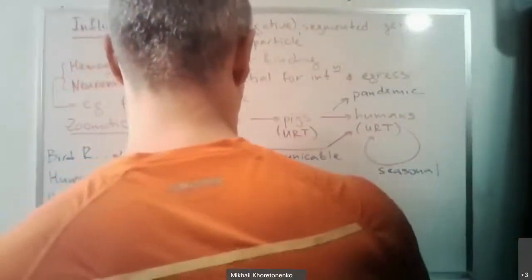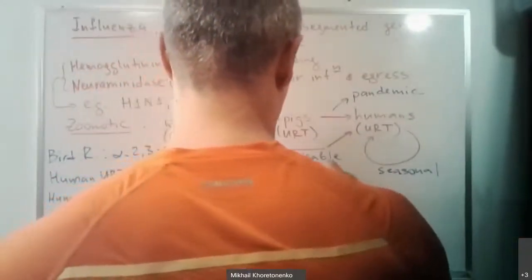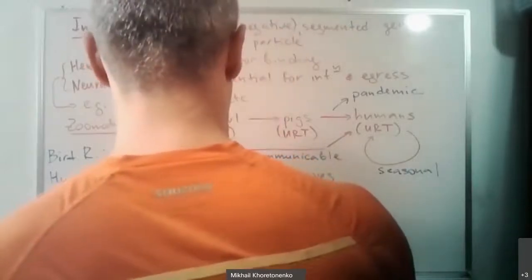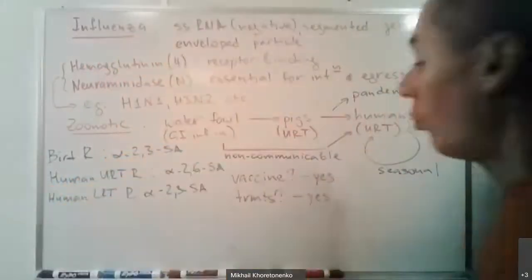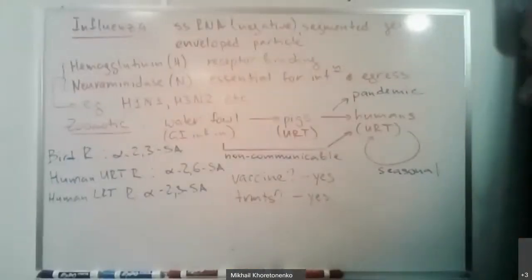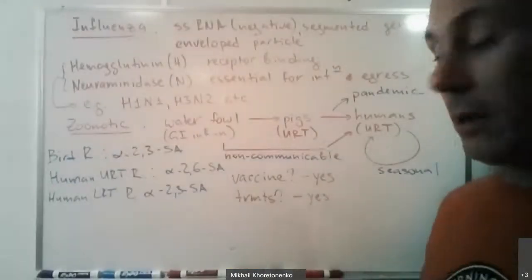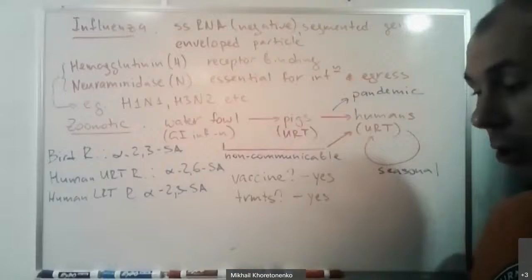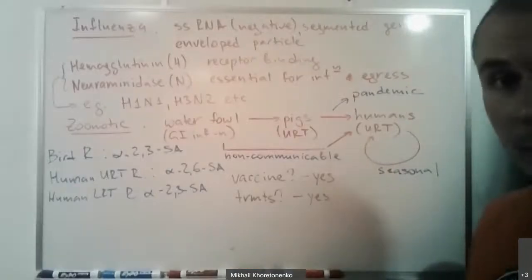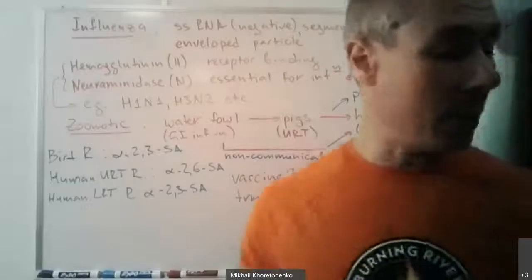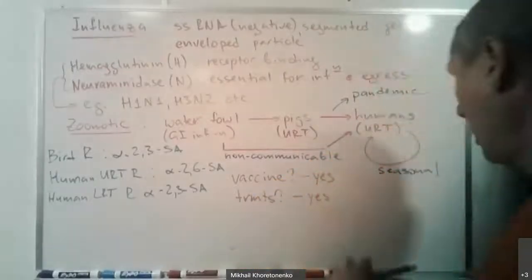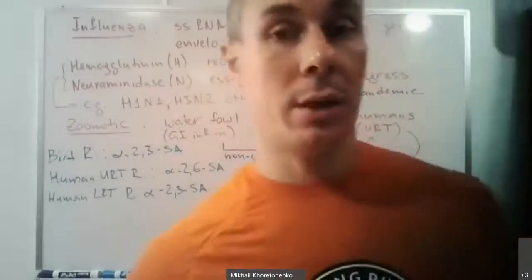Now, do we have a vaccine? We do. Do we have treatments? Yes, but both vaccine and treatments are pretty lousy. Vaccine has a relatively low efficiency compared to other vaccines, and treatments have to be administered very early during the infection, otherwise they are not effective.